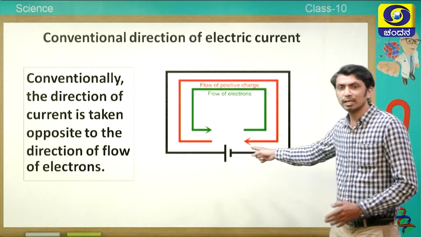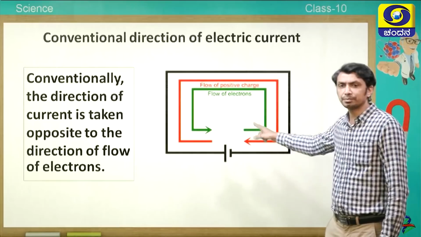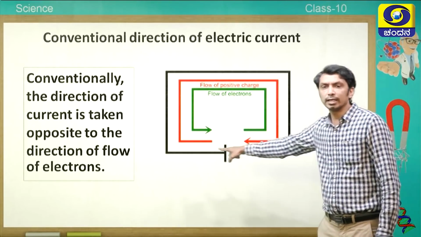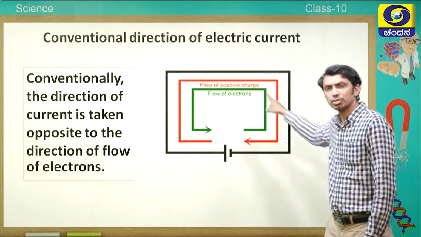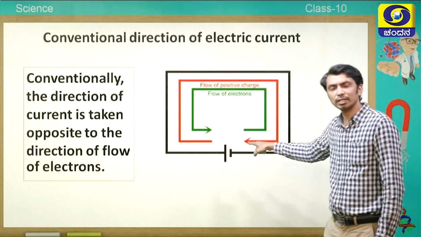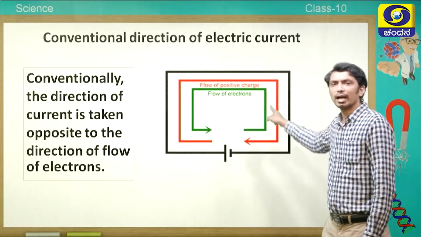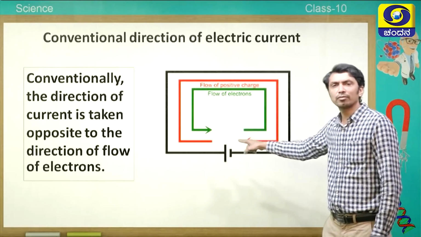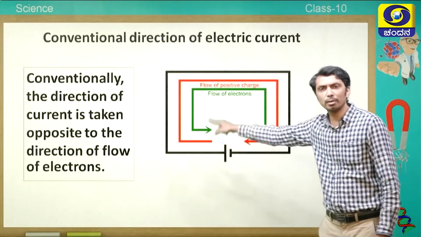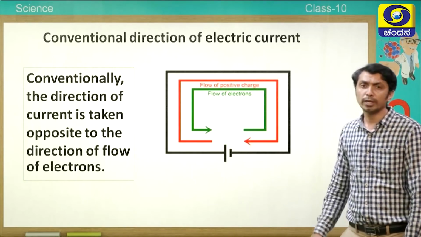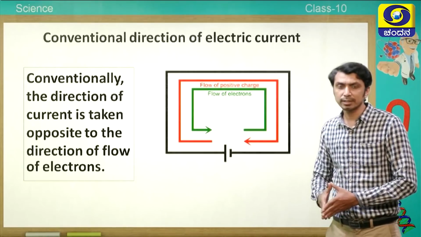As you can see, we have shown here the red mark shows the flow of positive charges, which is the conventional direction of electric current, and the green arrow shows us the direction of actual current, that is the flow of electrons, which is from minus to plus. Now, why do electrons move from minus to plus?